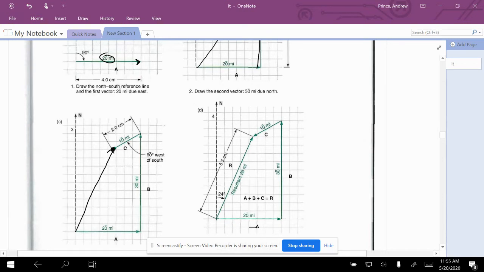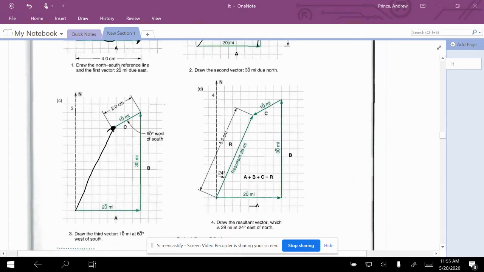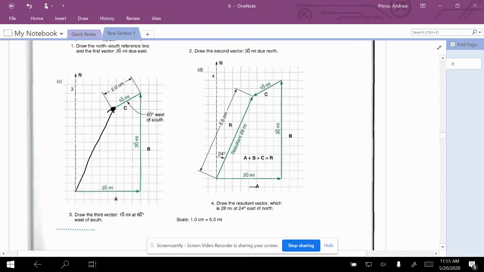Now we're going to be looking at these a lot differently, but the concepts are all going to be the same. So later on when we have our XY charts, we're going to be considering all of these vectors, whether it's A, B, or C, not stacked on top of each other's tails like they are here, but they're all going to start from the same point of origin, which will be 0, 0 on our XY chart.